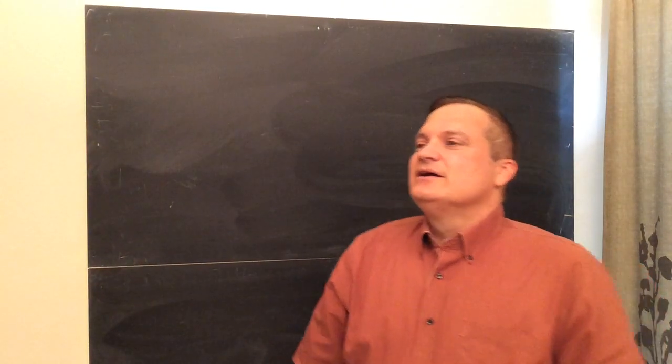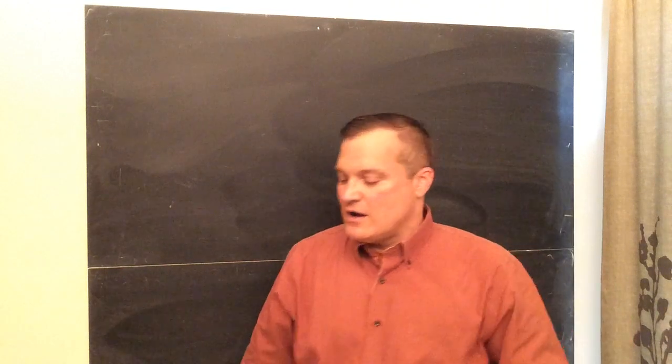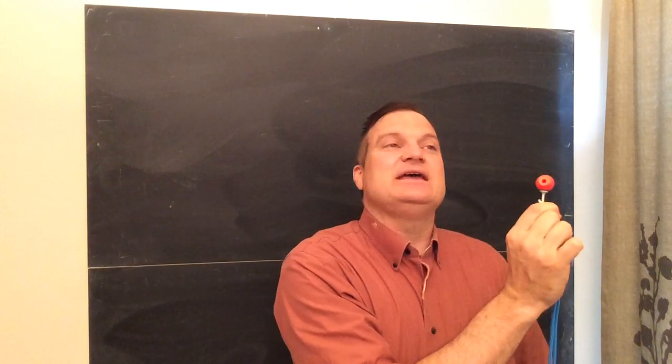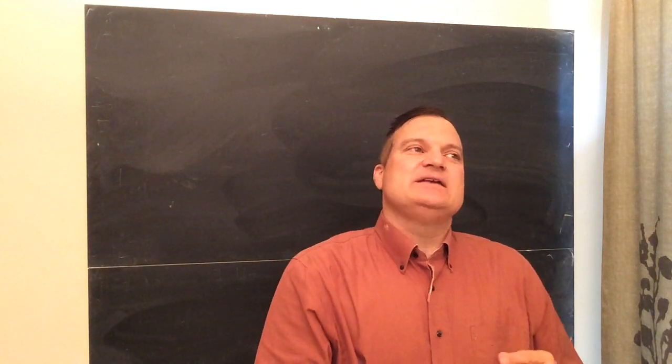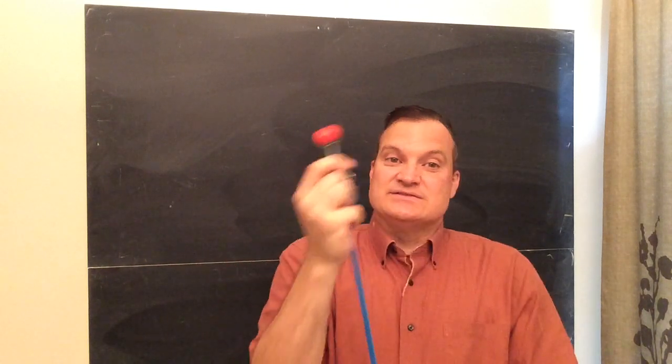Well, anyway, in order for something to accelerate, and we know it's accelerating because it's constantly moving in a circle, remember, Newton says that this little red ball should move in a straight line, at the same speed and in the same direction, until a force acts on it. Well, it's not. It's curving.